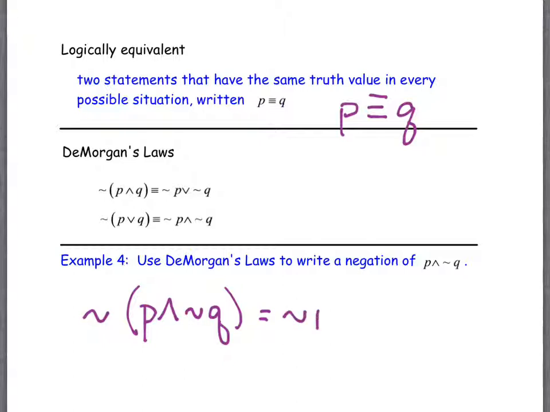I need to put the tilde associated with the P. It started out as an and statement, which means now it's an or statement. And it started out as not Q, or tilde Q, which means it becomes Q. So notationally, applying this principle is just applying it to each individual piece. 3 things change. The 2 symbols change and the connective in between changes.